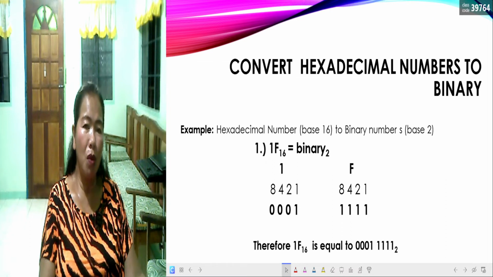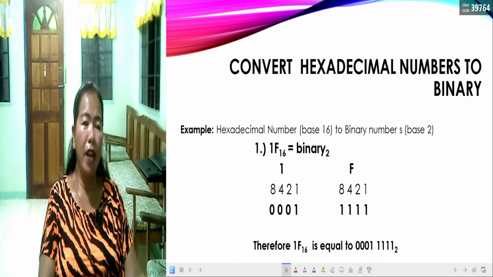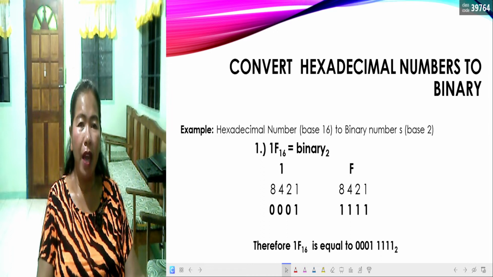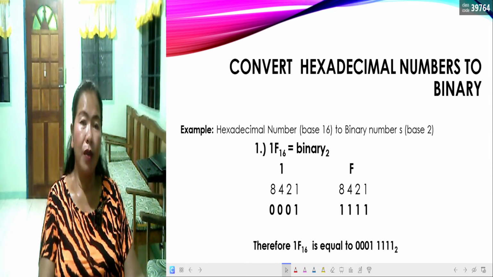So 8 times 1 is 8, 4 times 1 is 4, 2 times 1 is 2, 1 times 1 is 1, and you have to add all those products, 8 plus 4 plus 2 plus 1, that is equivalent to 15. So therefore, 1F in hexadecimal, which is base 16, is equal to 0001 1111 base 2. So that's it.